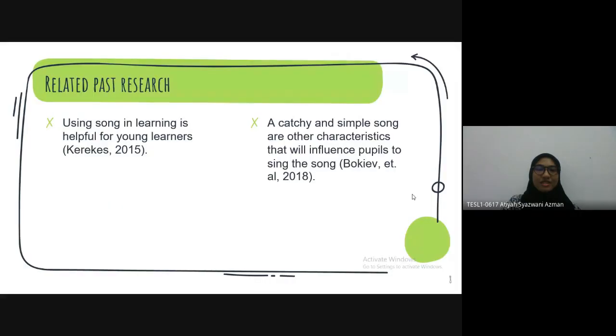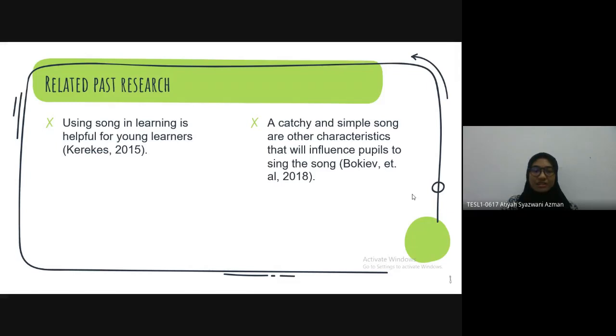So this is the related past research. Using song in learning is helpful for learners, Carrie Kiss, 2015. The second one is that a catchy and simple song has characteristics that influence pupils to sing the song. The repetitive lyrics encourage pupils to memorize the song easily.